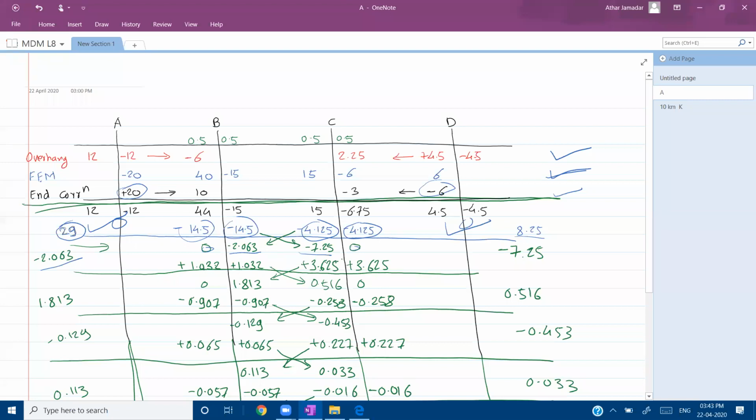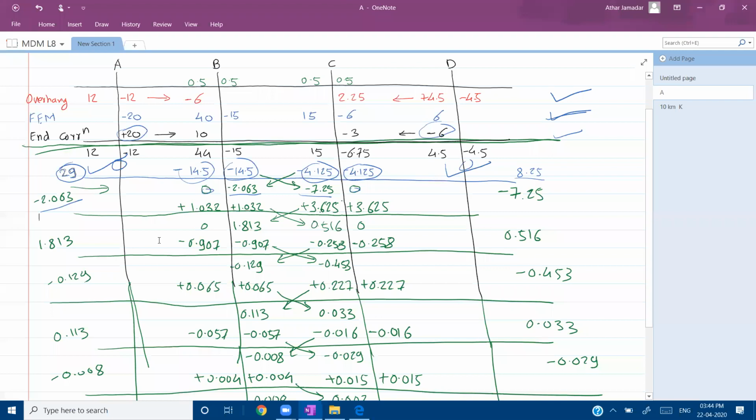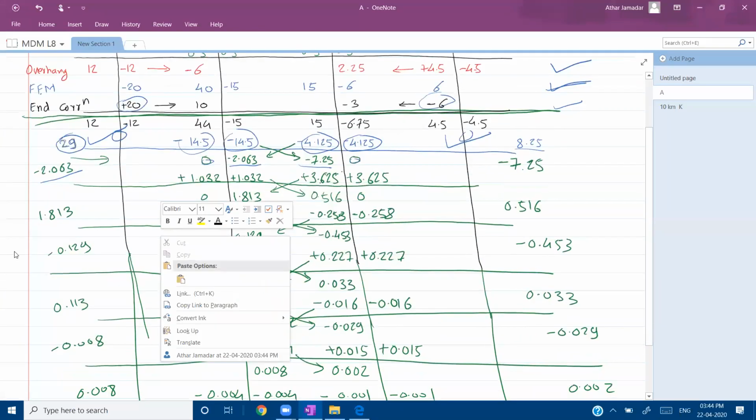So by applying correction, these values are applied. Then similarly for support C also minus 7.25. Again, we are doing the same step. That means we are only carrying over corrections, and other side corrections we take as 0. Up to which point do you have to do this?